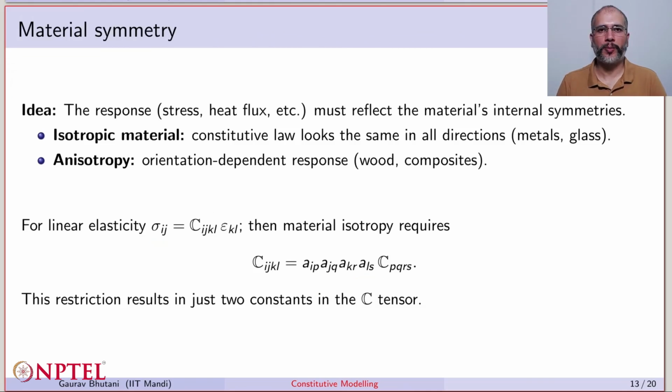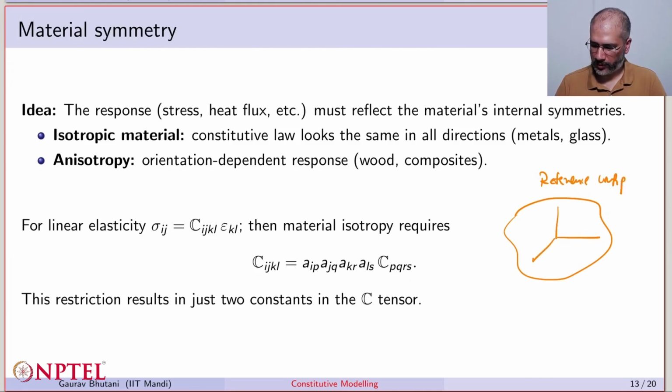So let me give you a recipe for checking for material symmetry. So let's say you have an object in the reference configuration and we have a certain coordinate system, let's say O capital X1, capital X2, capital X3, and then we rotate our coordinate system to get O capital X1 prime, capital X2 prime and capital X3 prime.